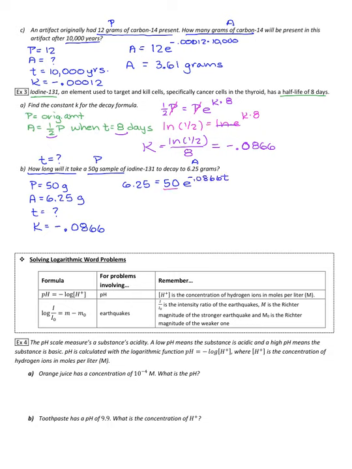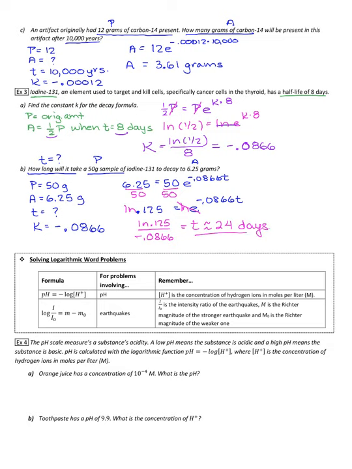Of course, the first thing we want to do is divide by 50. And I believe, going off of my memory here, I think this was 0.125 equals e to the negative 0.0866 t. So again, remember we natural log both sides so that those cancel. So the natural log of 0.125 divided by negative 0.0866 is going to equal t. So it will take, I think the answer is 24.01, so about 24 days.